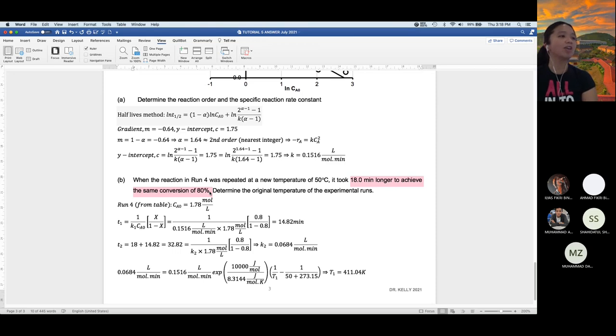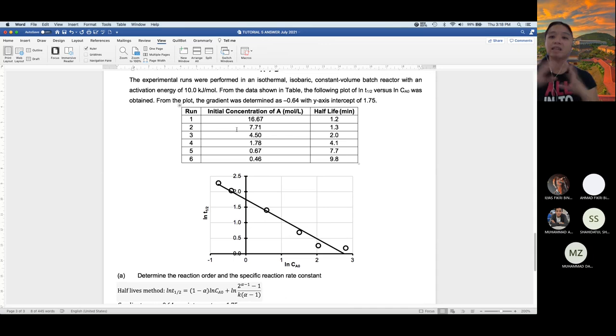So dia kata determine the original temperature of the experimental run. So soalan ni kamu macam pelik sikit kan. Soalan ni kata sekarang kita tak tahu suhu asal run yang original. Yang kita buat run yang asal ni, kita tak tahu suhu dia berapa. Soalan pun tak beritahu. And dia nak tahu suhu ni berapa.